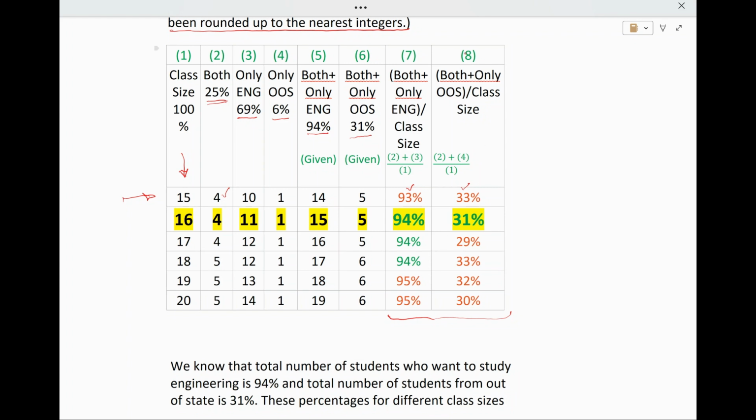Similarly, under column 8, both plus only OOS written as a percentage of the class size is 33%, 31%, 29%, 33%, 32%, and 30% corresponding to different class sizes.